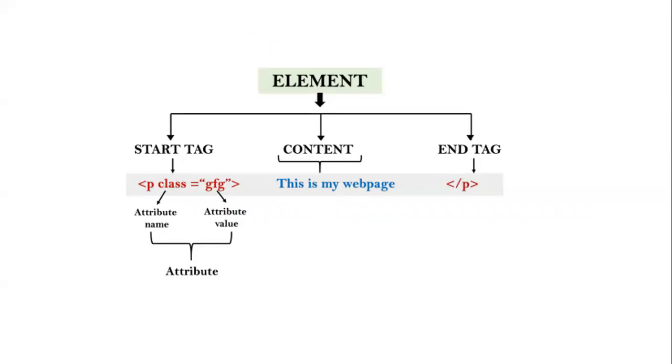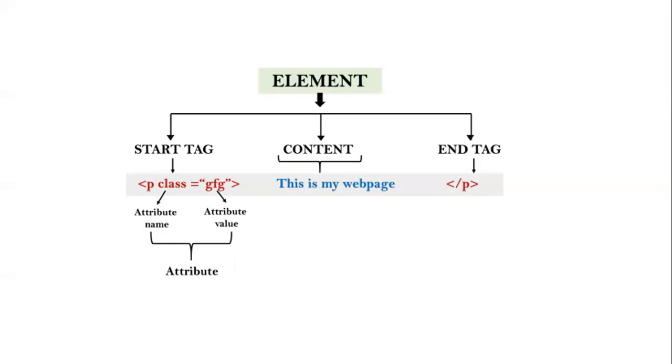This is a major important concept of the HTML program. We write HTML code in this format only. Before getting into the details of the HTML program, you must be familiar with these things.